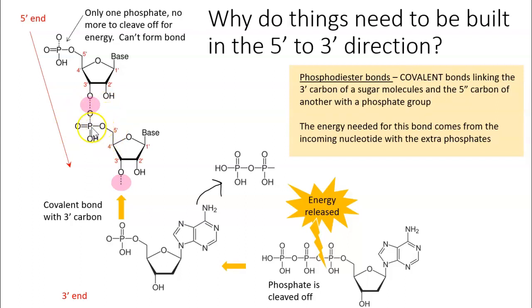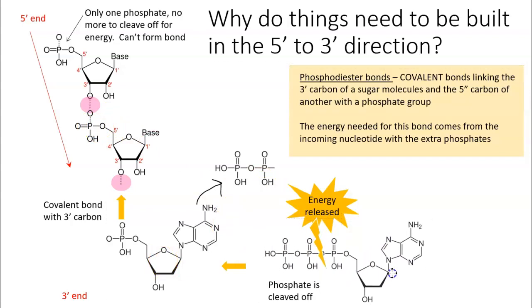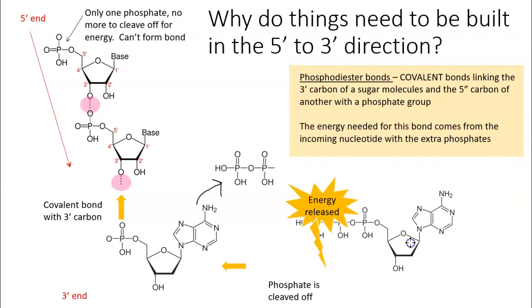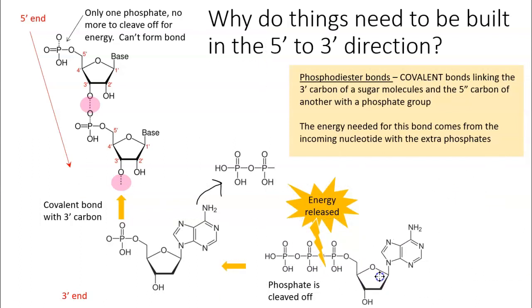through a phosphate group. Okay, now this one is a new incoming nucleotide. When you have nucleotides out in the cytoplasm just whirling around, they have 1 to 3, or usually 2 to 3 phosphates on them. They don't have just the one phosphate group. So say this one's coming in to bind with this group here.